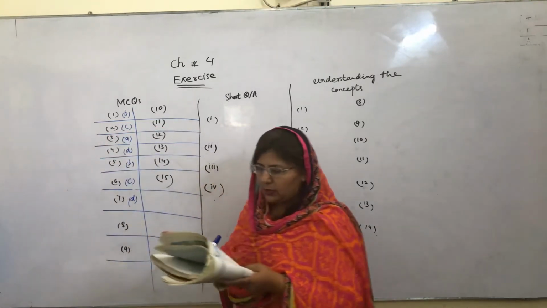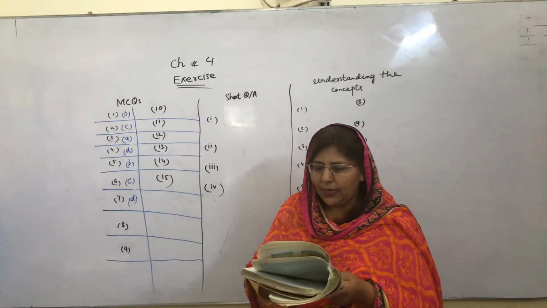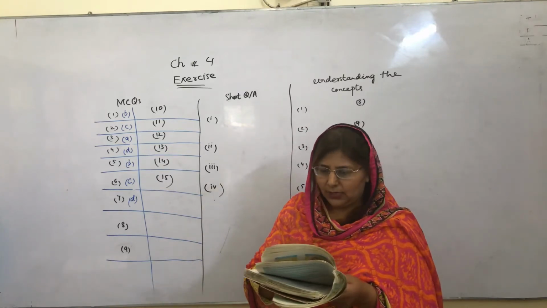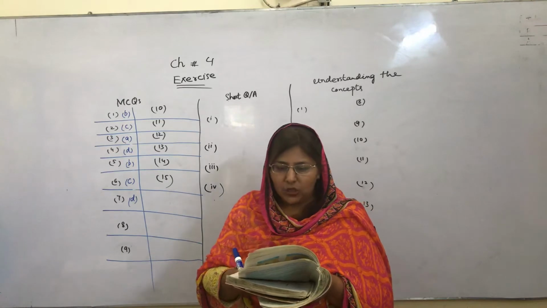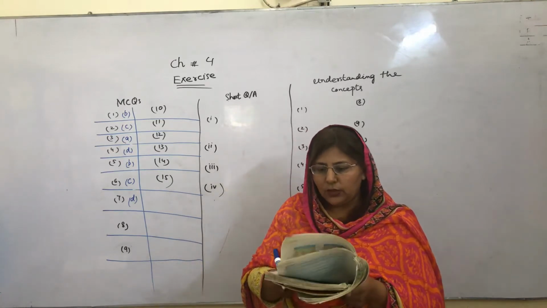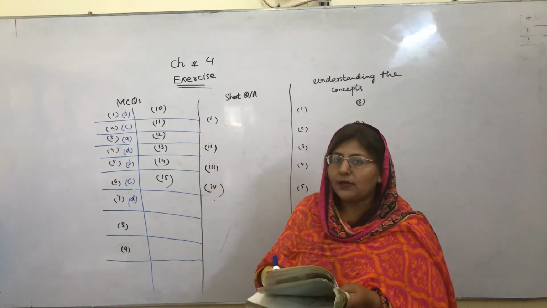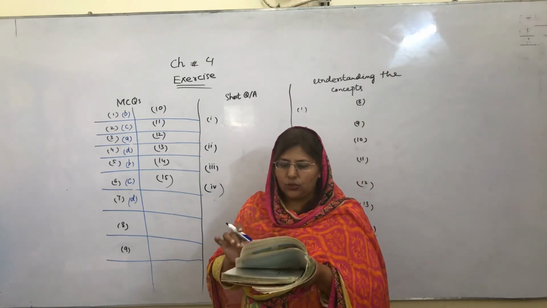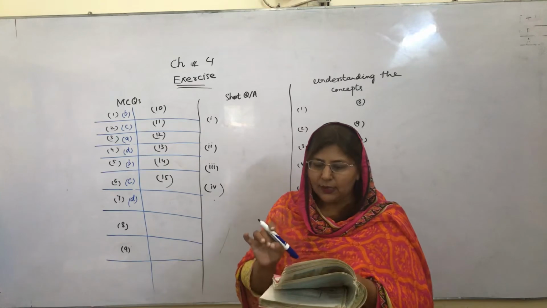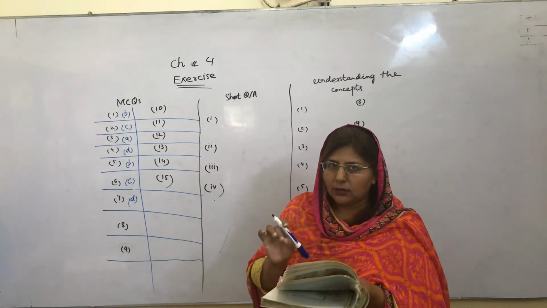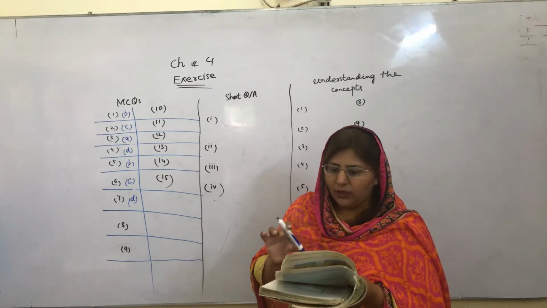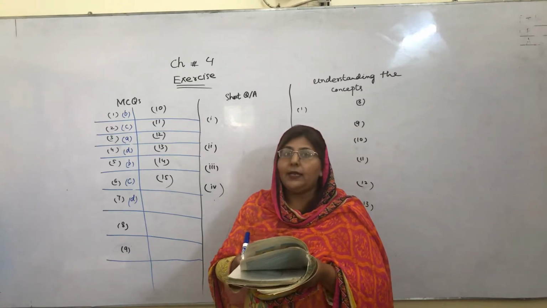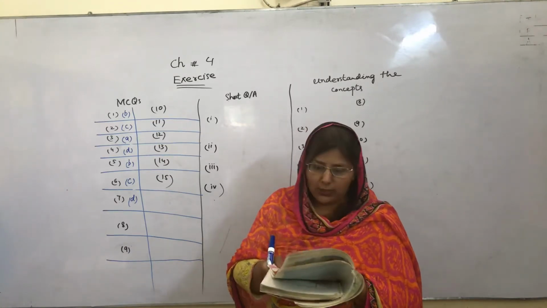Then number 8. The dash is the membrane enclosed structure in eukaryotic cells and contains the DNA of the cell. The names of some structures are given in the options, and in this question they are asking about a structure which has membranes around it, is in a eukaryotic cell, and also has its own DNA.